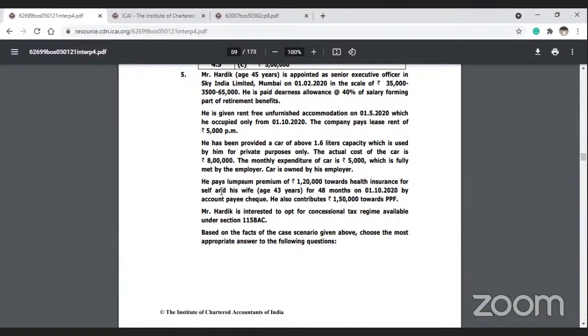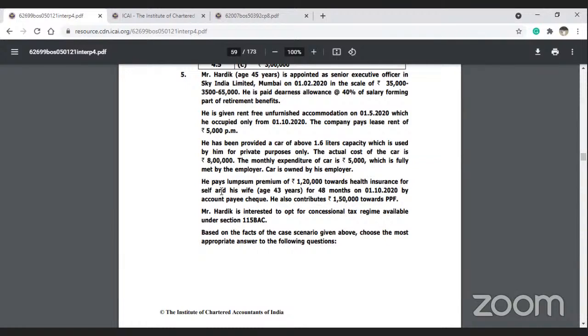That comes to 5,97,800. Then we'll add unfurnished accommodation, that is 30,000. We'll add car, that is 1,40,000. We'll add health insurance over here, that comes to 24,000.